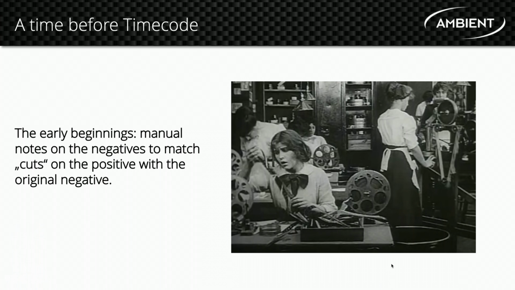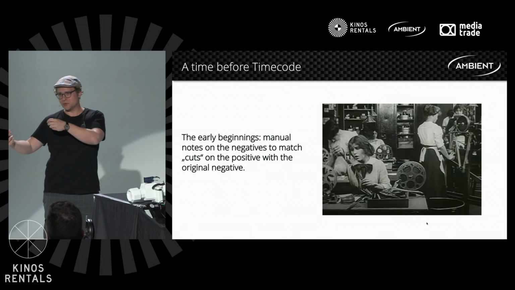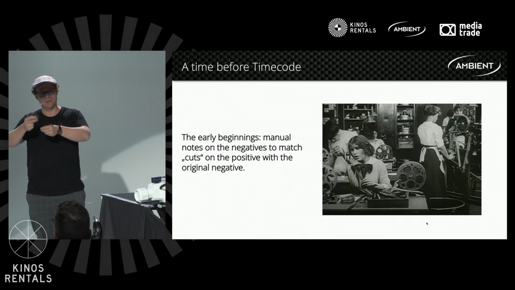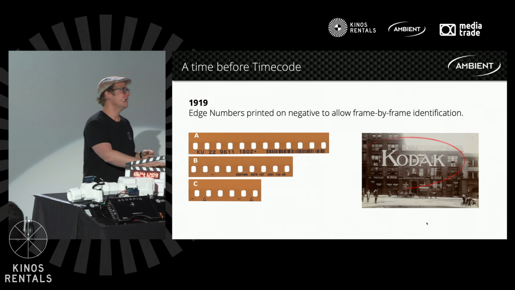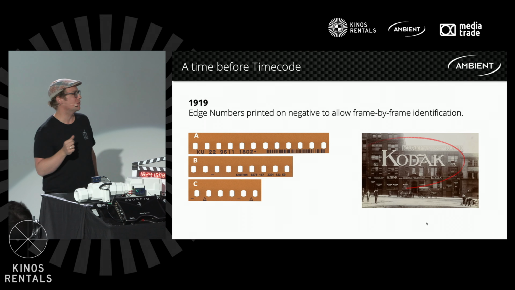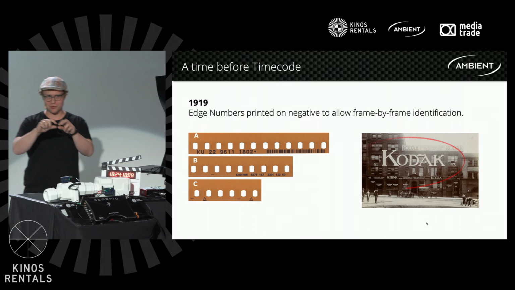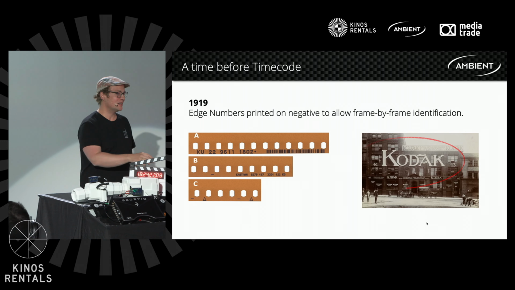If the editors back then made their cuts with the positive material, they did manual notes on the material to align them later. So this is kind of the first step of timecode, and later Kodak invented something automatic on that. They had some edge numbers that were really printed on every frame of the film material.